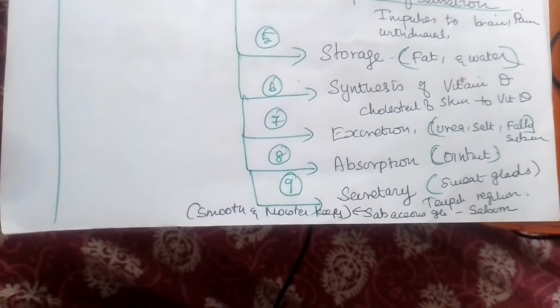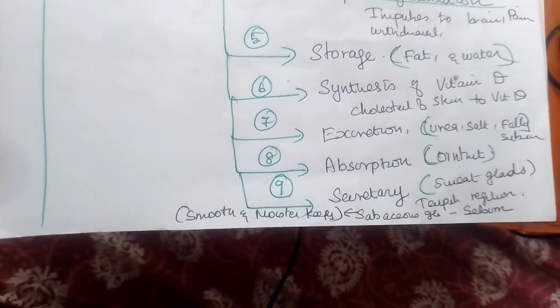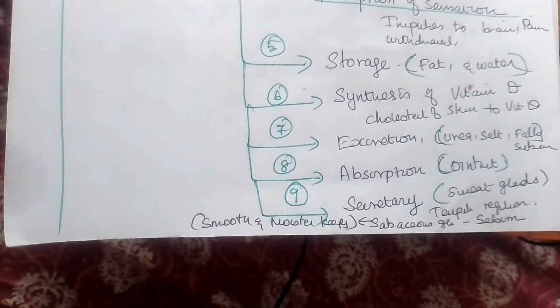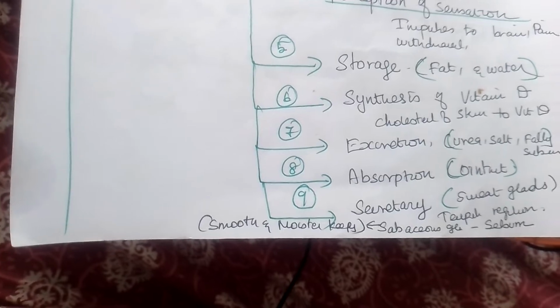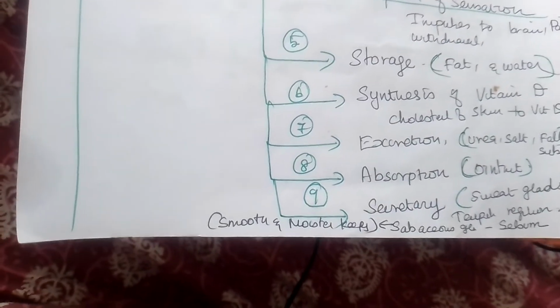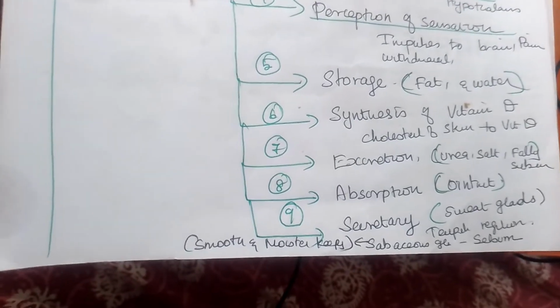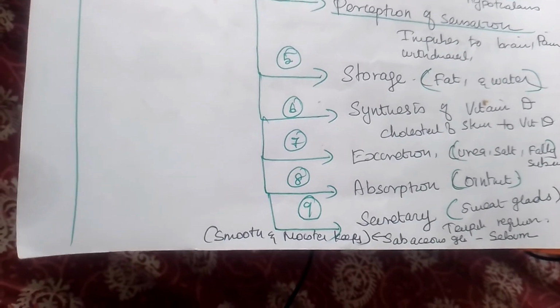Another important role is excretion. Just as the kidney excretes large amounts, the skin also excretes urea, salt, and fatty substances along with the sweat. After sweating you can sometimes feel a salt-like deposition on the skin.